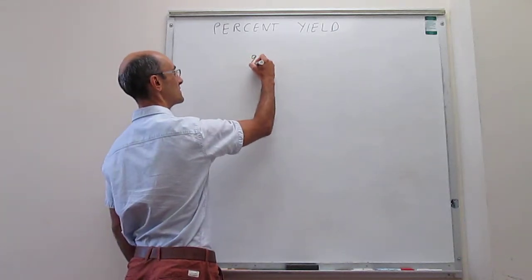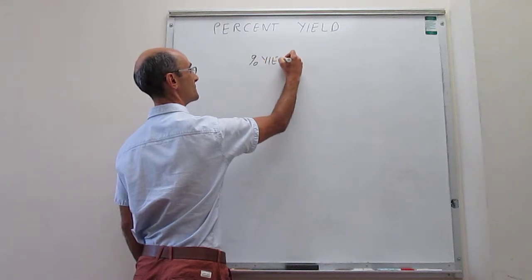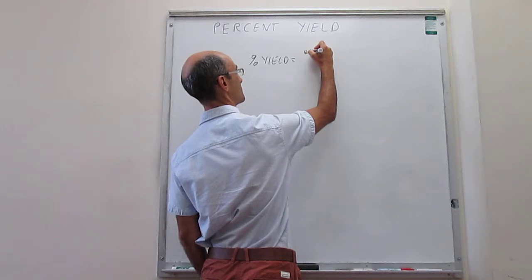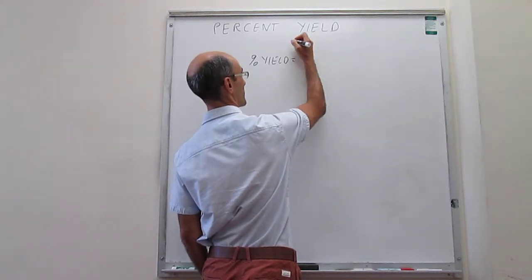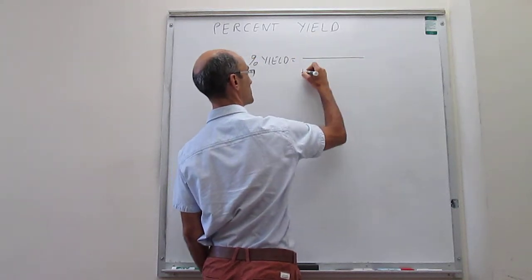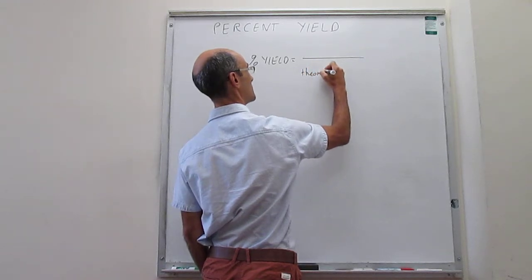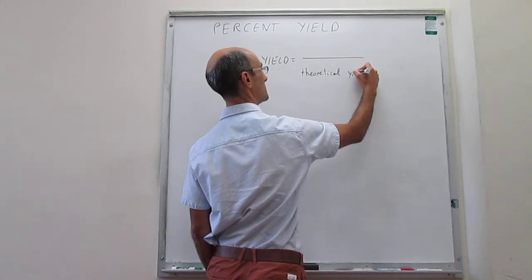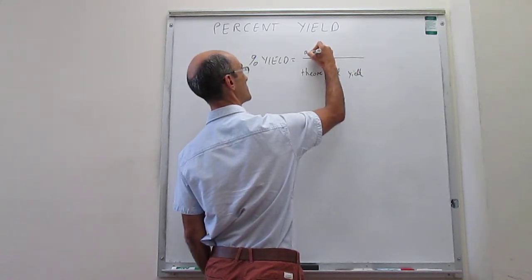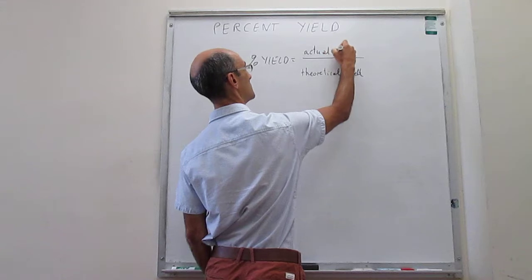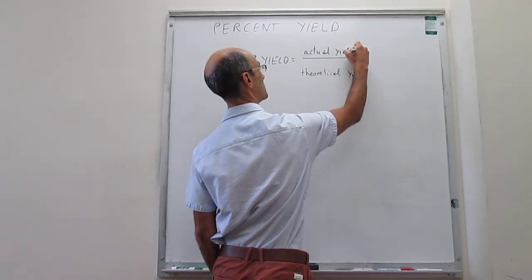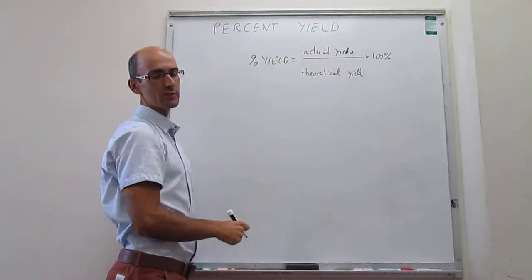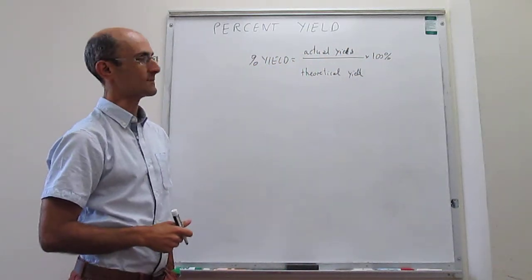The percent yield of a reaction is equal to the actual yield over the theoretical yield times 100%.